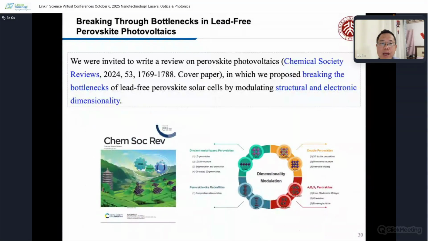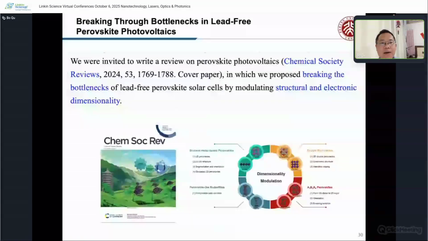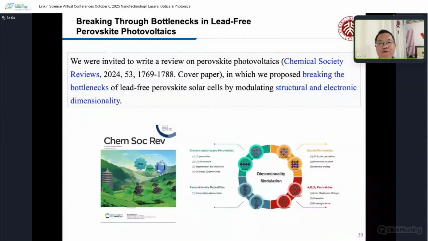We were invited to write a review on perovskite photovoltaics in Chemical Society Reviews, in which we proposed breaking the bottlenecks of lead-free perovskite solar cells by modulating structural and electronic dimensionality.